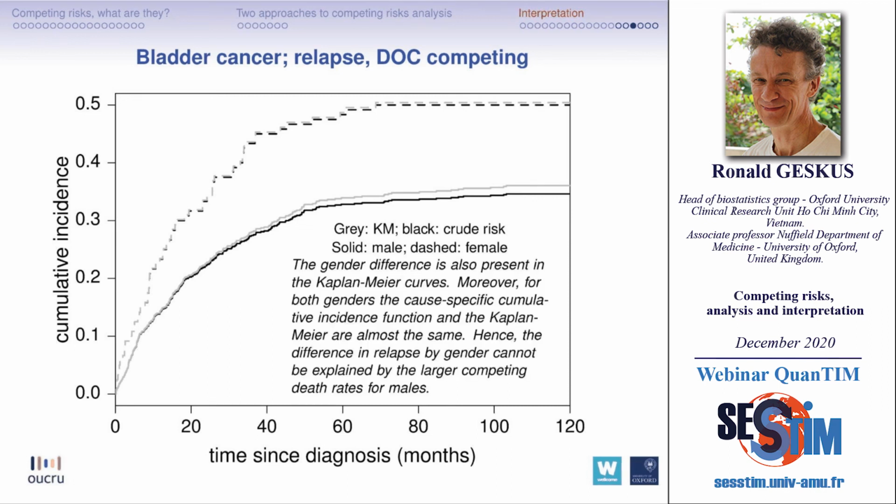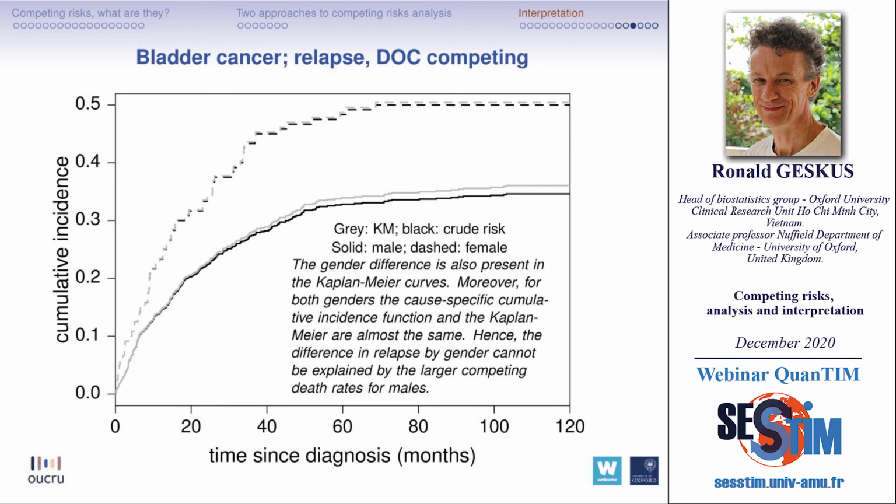And this is what was written in the thesis. So the gender difference is also present in the Kaplan-Meier curves. And the cause-specific cumulative incidence, or the crude risk, and the Kaplan-Meier are almost the same. Hence, the difference in relapse by gender cannot be explained by the larger competing death rates for males.